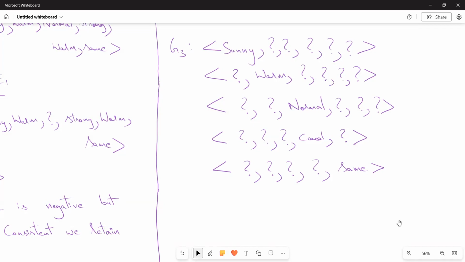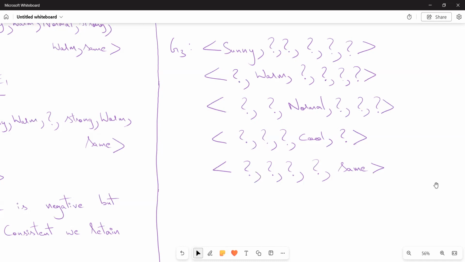So now what are we going to do? We are going to check if all the 5 attributes are consistent. If they are not consistent, we are going to remove them. Now we are going to compare each attribute with E1, E2, and E3 and figure out the consistency.